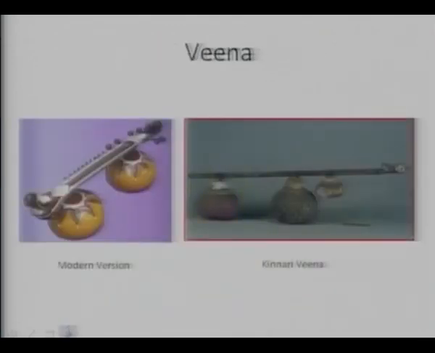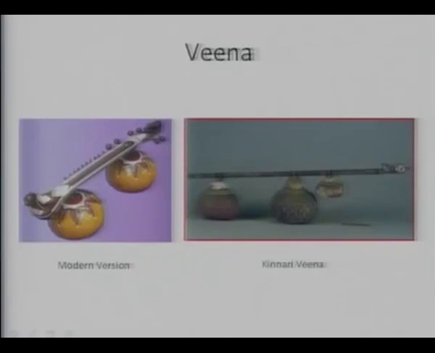This is the picture of Veena. So you have 2 pictures of Veena. And these round big spheres are essentially hollow pumpkins or lauki, that gourd. So traditionally they would hollow it out and have a small tube going up.